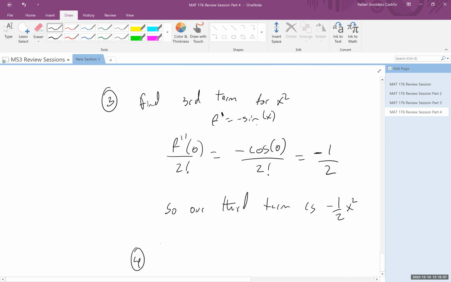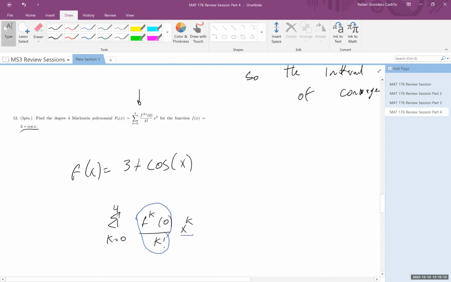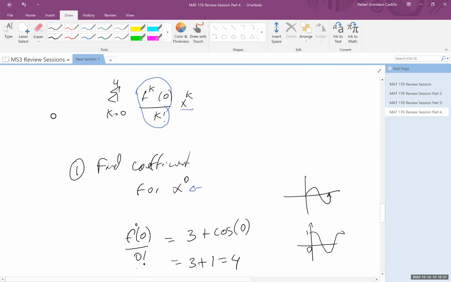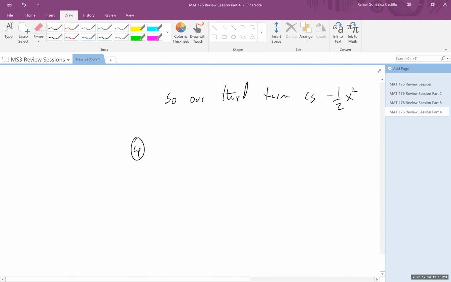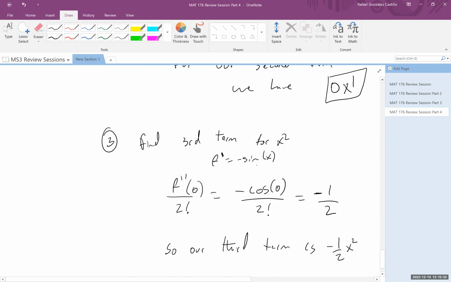Next is x cubed. Notice that we are doing this from 0 to 4. Okay, we're doing this from 0 to 4. So we're going to have 5 terms, the 0 value and then 1 through 4. So we're going to stop once we get to the 5th term. So right now we're going to find the 4th term, which corresponds to x cubed.